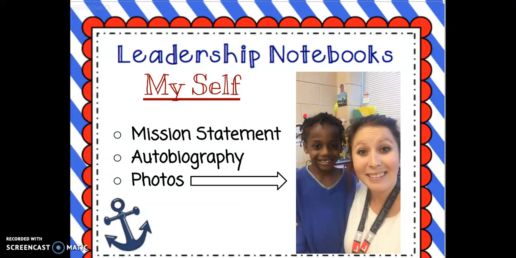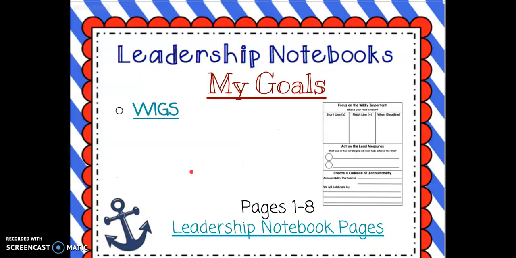It could be a selfie of them, a picture of them, something that they like to do, something they're proud of. Again, this is the first tab, so when our students are sharing their leadership notebooks, we really want them to shine during that section. So anything that makes them happy is a good thing to put in there.